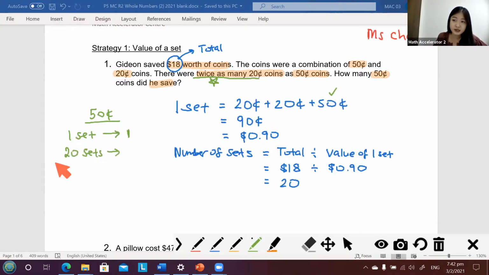From one set to 20 sets, you multiply by 20. So on this side, you also multiply by 20. So 1 times 20, 20 50-cent coins. So that will be your answer. Okay, so step by step.